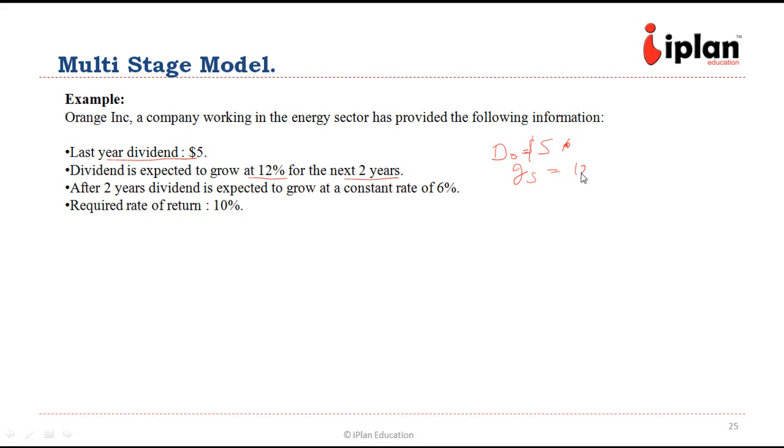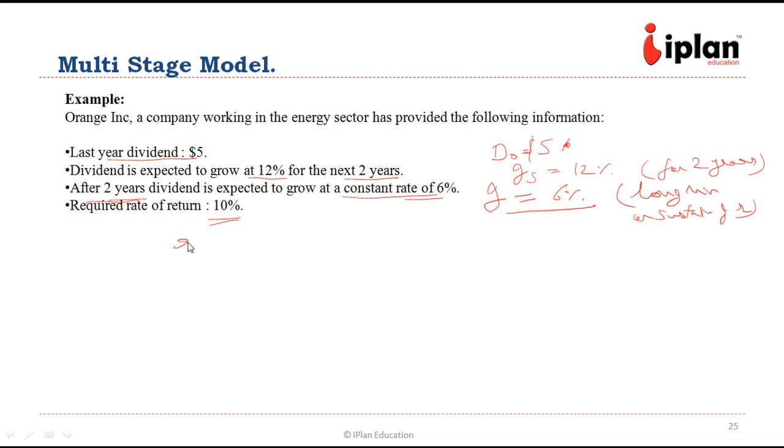This is applicable for 2 years. After 2 years, the dividend is expected to grow at a constant rate of 6%. So this constant rate is 6%, which is the long run or sustainable growth rate. The required rate of return R is given to be 10% or 0.1. Now we need to find the value.